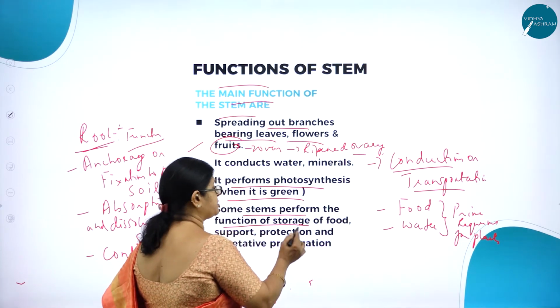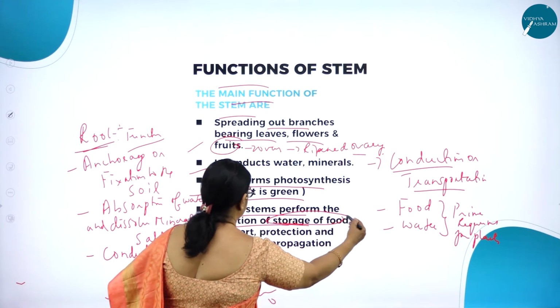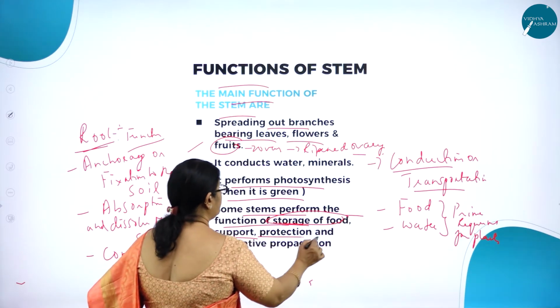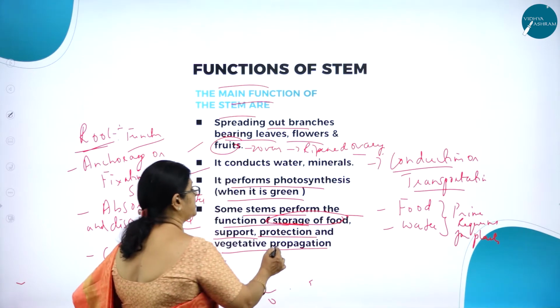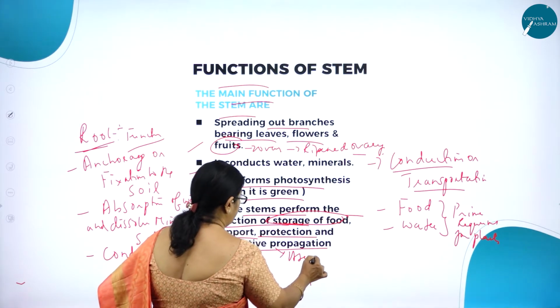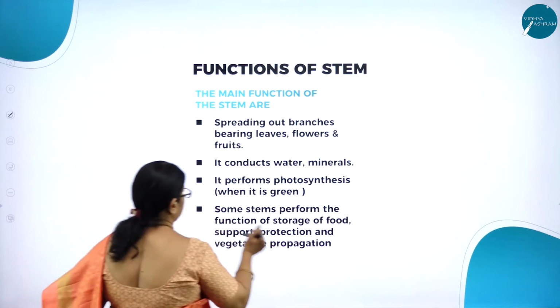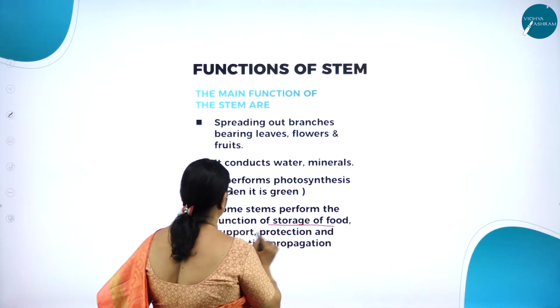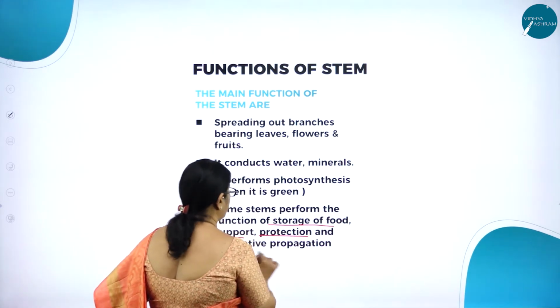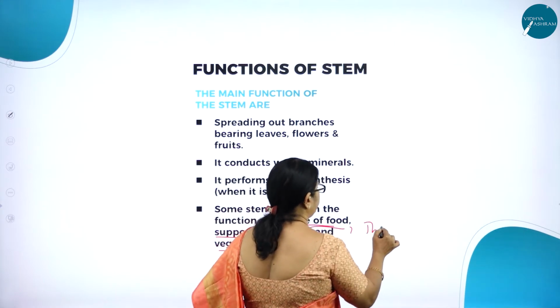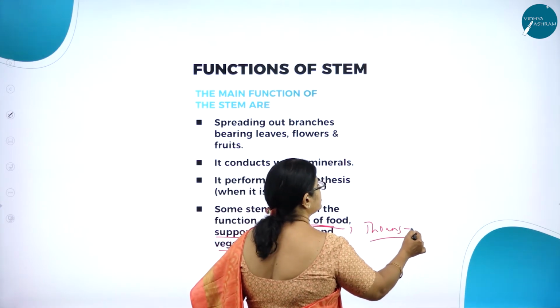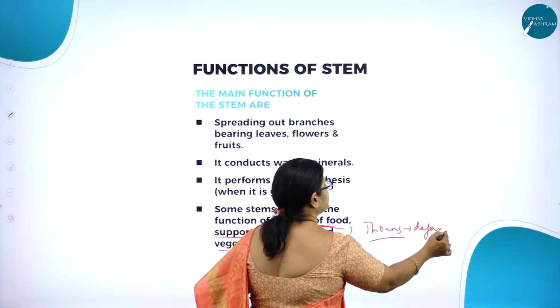To serve some special functions like what? Like storage of food, mechanical support, protection and vegetative propagation, that is for asexual reproduction. Protection, for example, they develop into what? Thorns. Thorns are for defense.